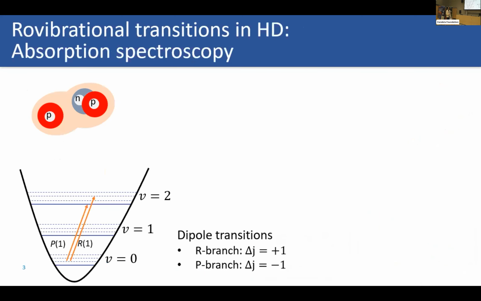We do spectroscopy in HD, as earlier explained. We want to exploit the small permanent dipole moment such that we can do dipole transitions. Here is depicted what we do: we measure from V equals 0 to V equals 2, and we can then access the R branch or the P branch.